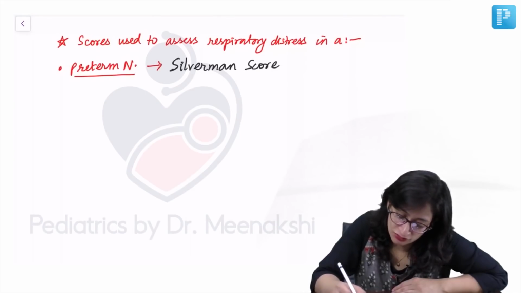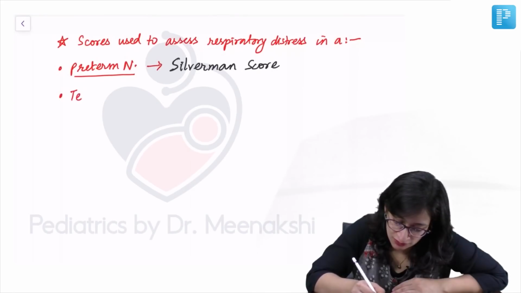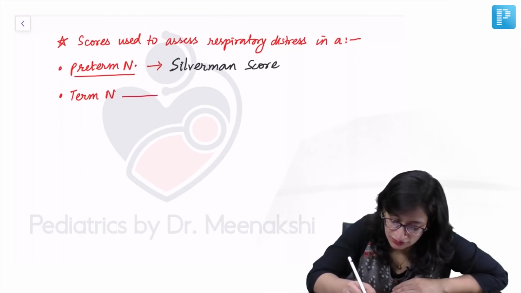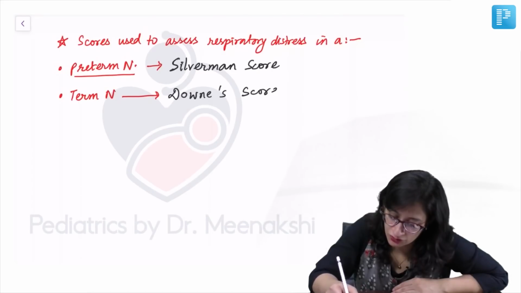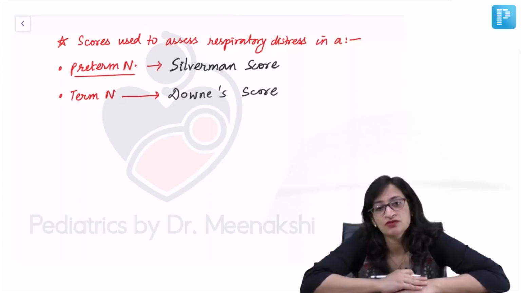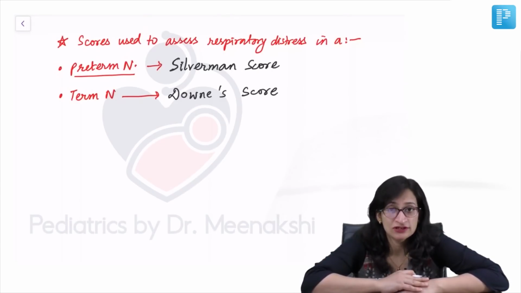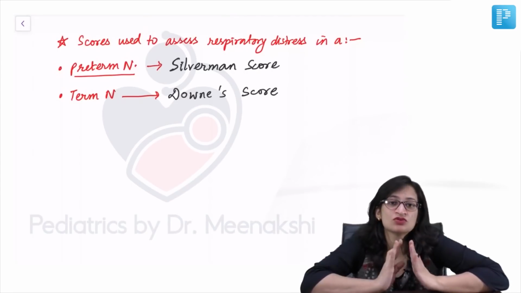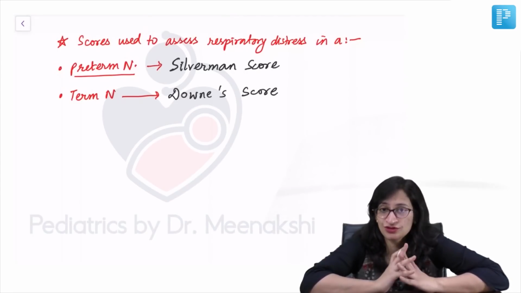While in a term neonate, the score used to assess respiratory distress is usually the Downes score. Okay. So we need to know the Silverman score in some more detail. Basically both the Silverman score and the Downes score have 5 components each.